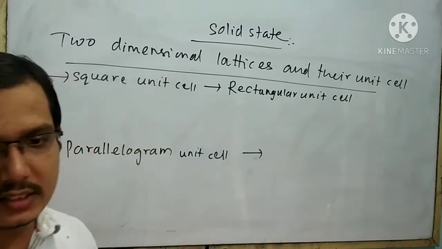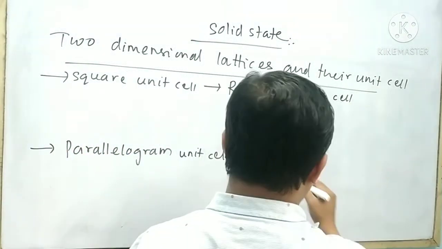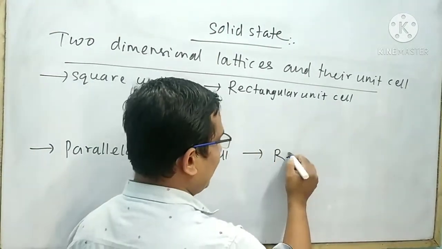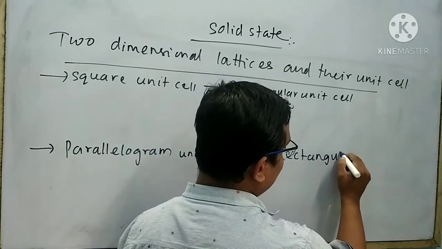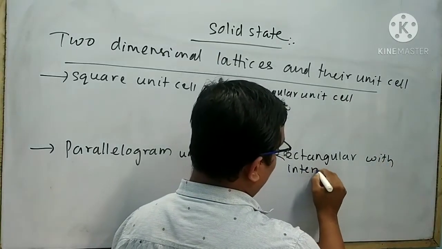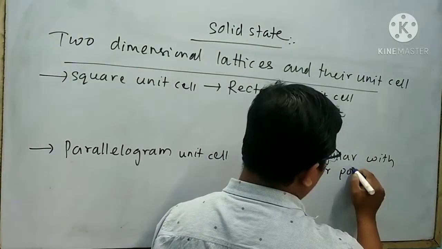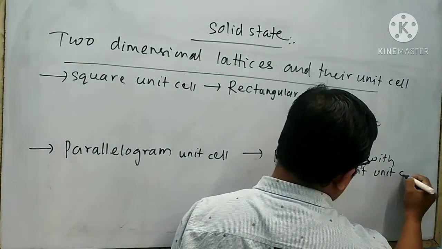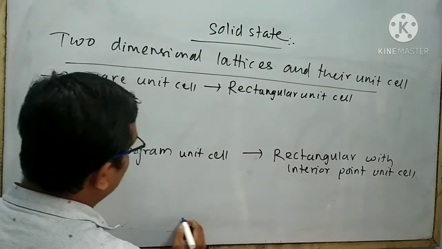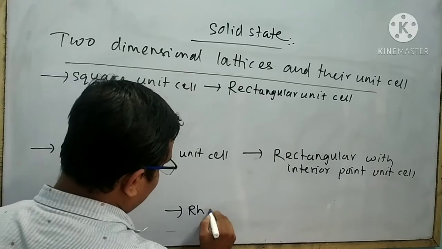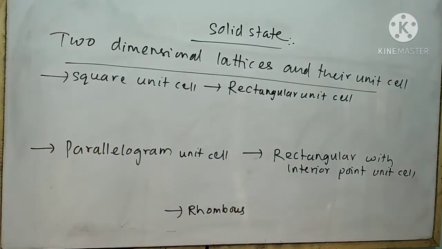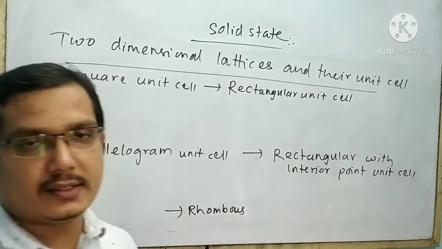Next is rectangular with the interior point unit cell. And the fifth is your rhombus. These are different types of unit cells.